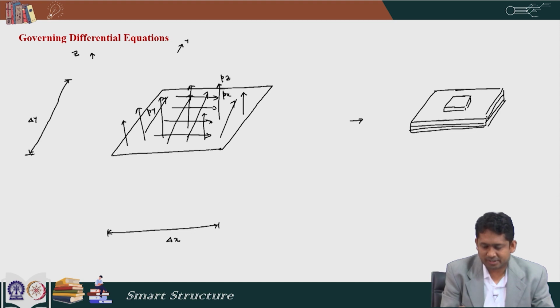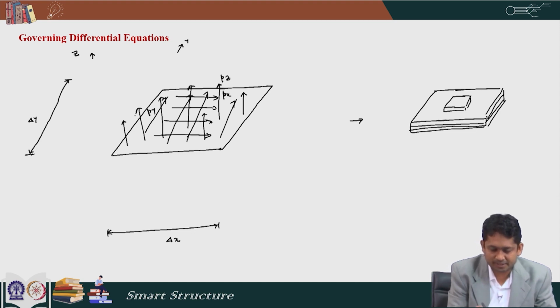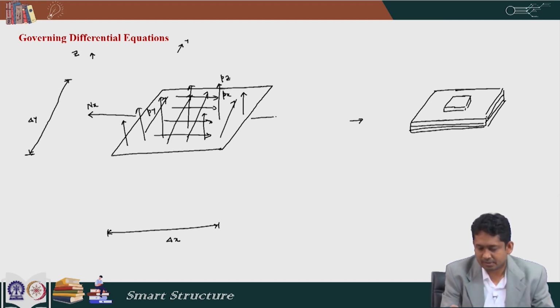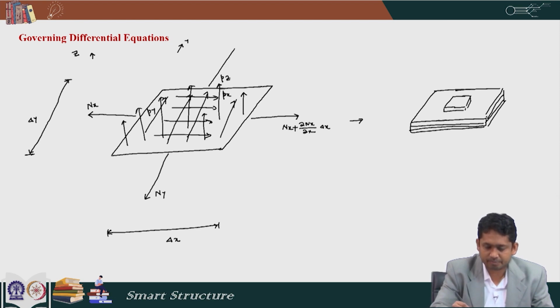Now, let us look into the stress resultants. So, this face can have a normal force Nx, and this face can have normal force Nx plus del Nx by del x multiplied by delta x, and similarly this face can have Ny, and this face can have Ny plus its increment.